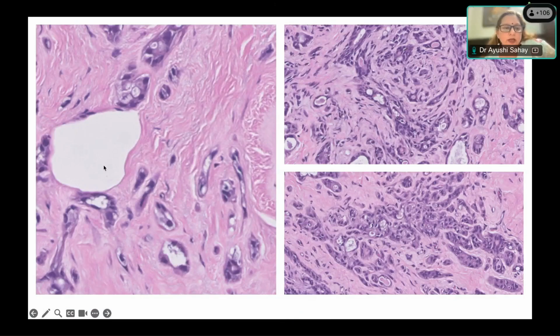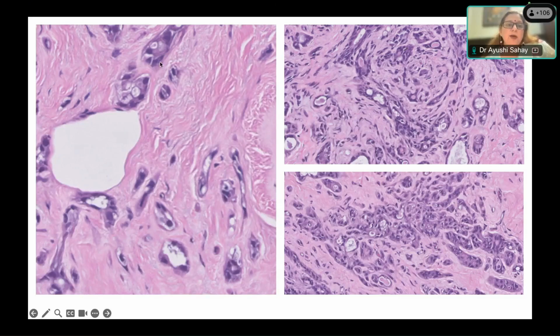So if you see here, these are the compressed ducts on the higher part, the ducts that you saw compressed. Now you are having some kind of an epithelial cell at the periphery, but there is a clear space around it. Here also, there are some clear spaces. In some of these ducts at the periphery, you can make out some clear cells. Now this is the highest power that I have, and here you can see that the cells are actually, I don't know why you were calling it pleomorphism and mitosis.